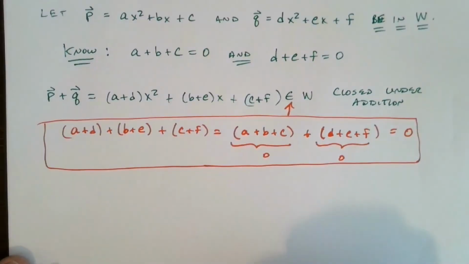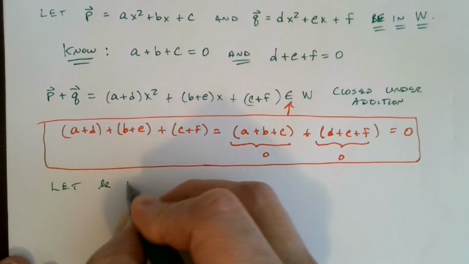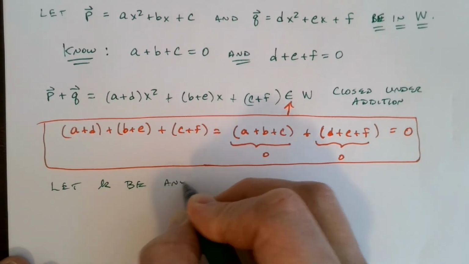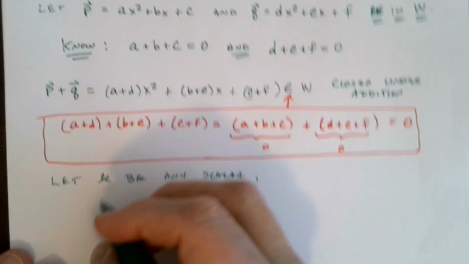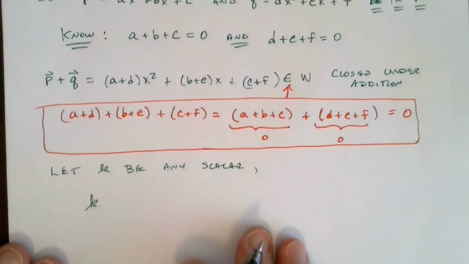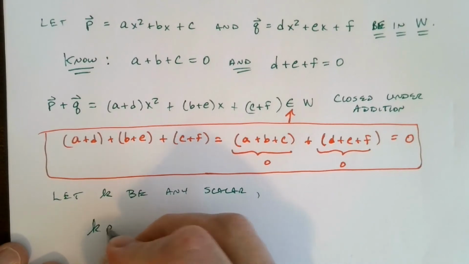And then again, closure under scalar multiplication. So we're going to let k be any scalar. And then we're going to look at k times either one of our two polynomials. We can choose either one, doesn't matter. I'll choose p again.